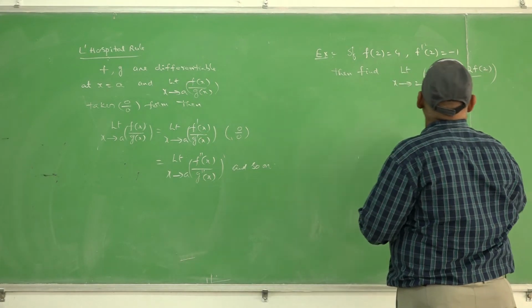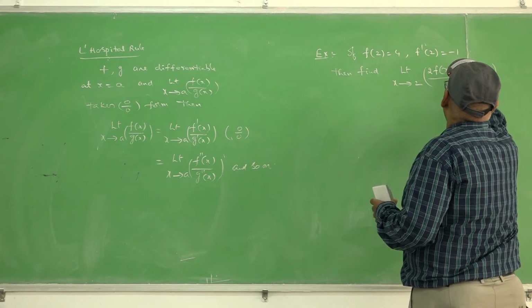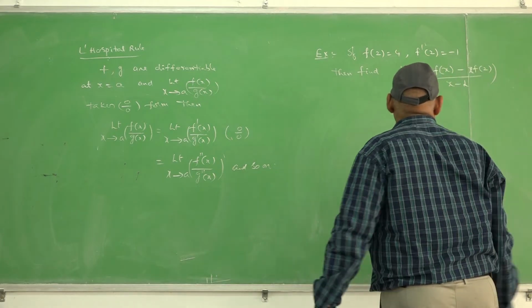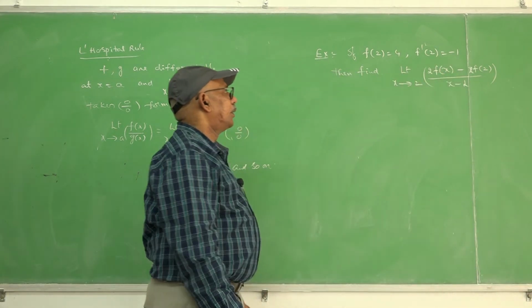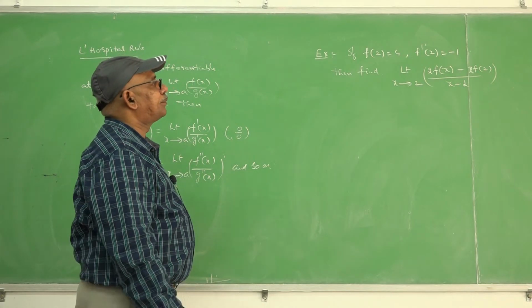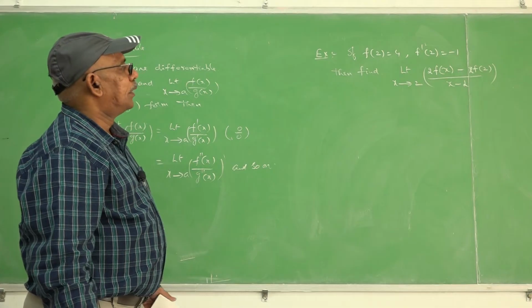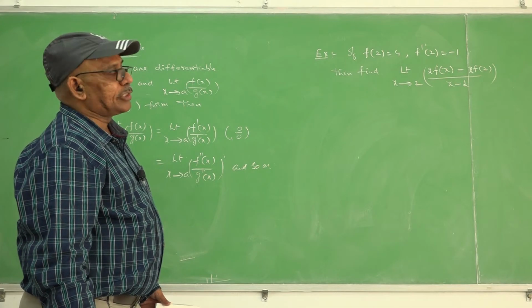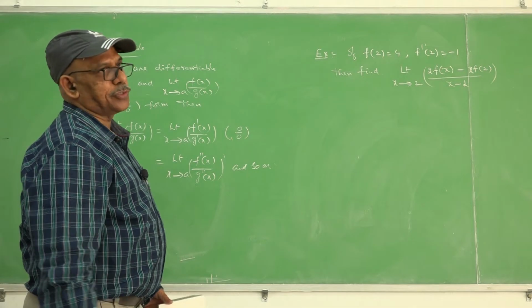Oh, this is not 2, this is x. f of 2 is given as 4, f dash of 2 is equal to minus 1. Then find the limit as x goes to 2 of f x minus x f of 2 by x minus 2.